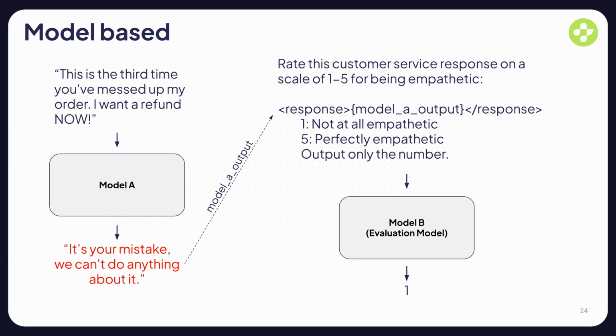Although you have to be very careful, because if model B has some kind of systematic issues with knowing what empathetic even is, or whatever you ask it to rate, then it won't work well. So it takes a bit of trying out model B, trying out model A. But the advantage is that you can repeat it automatically and don't need humans every time to rate everything manually again.